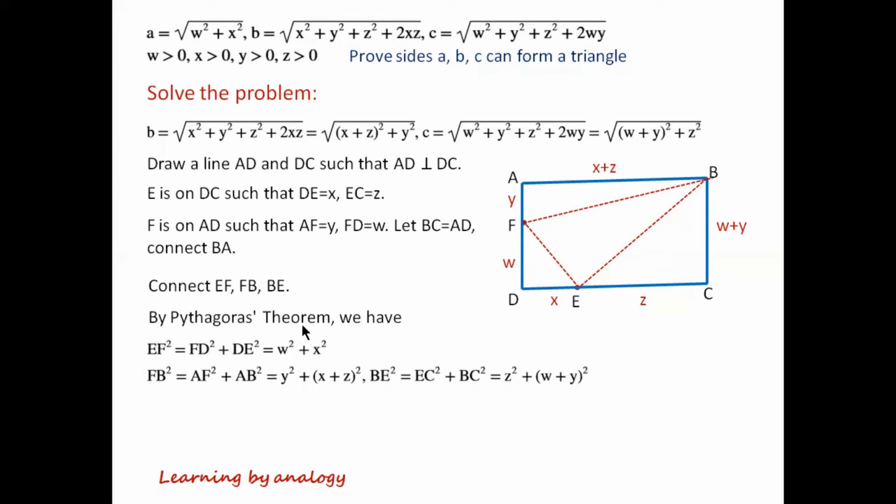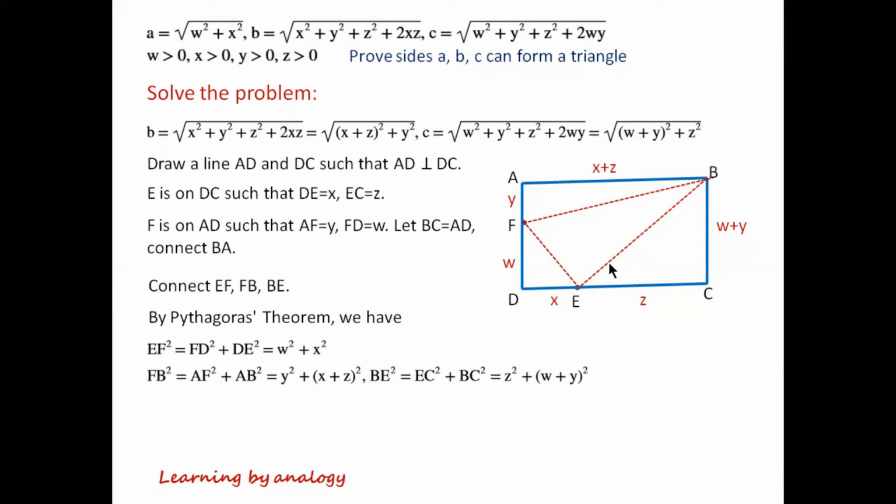By Pythagoras' theorem, we have EF squared equals FD squared plus DE squared equals w squared plus x squared. FB squared equals AF squared plus AB squared equals y squared plus x plus z all squared.